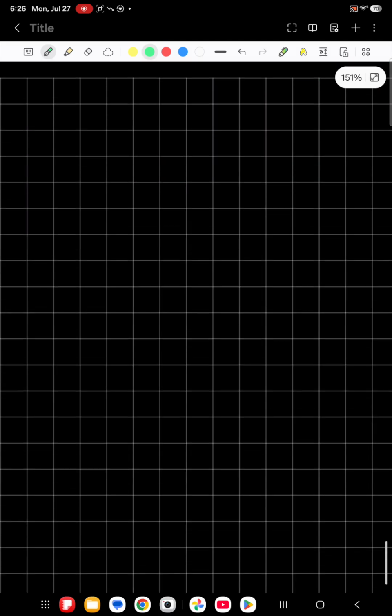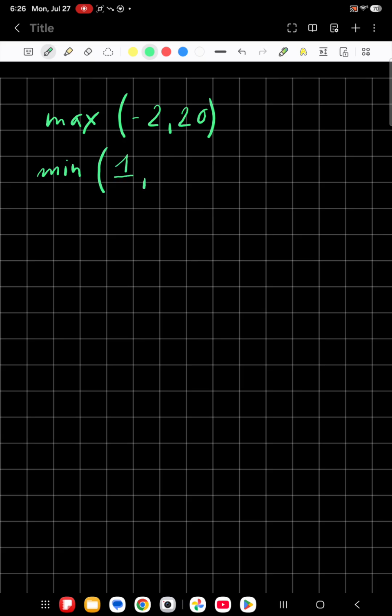Okay, and then we have local maximum. That's at negative 2, 20. And then minimum from 1 to negative 7. Okay, so these are the answers, and yeah, what else do we need to do?